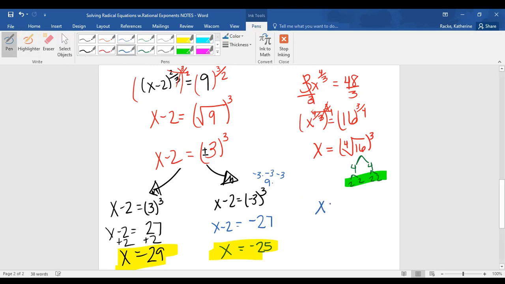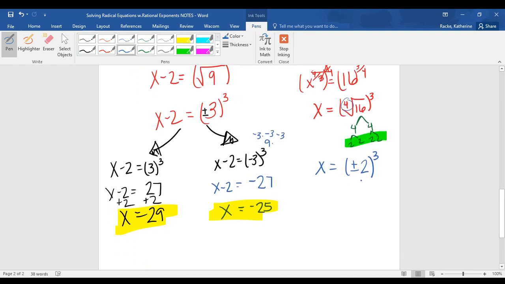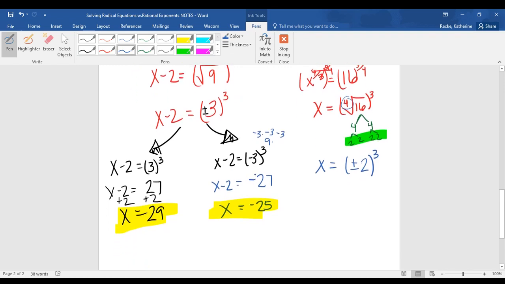So I would have plus or minus whenever it's an even one. Okay, remember we always have to use plus or minus. If it's odd, it either has a positive or negative, depending on whatever the number inside of the root is. Okay, and that is cubed still. So I need to do 2 cubed since I'm going to have to do it both times.